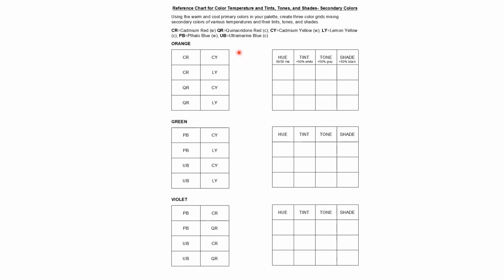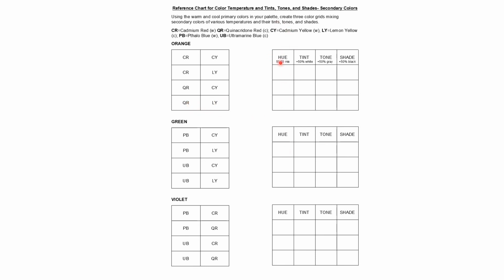For example, to mix orange, we have 4 possibilities given the palette that we're using. We have cadmium red and cadmium yellow that makes up the first row. Those are warm colors. Cadmium red and lemon yellow, warm and cool. Quinacridone red and cadmium yellow, cool and warm. And finally, quinacridone red and lemon yellow, both cool colors.